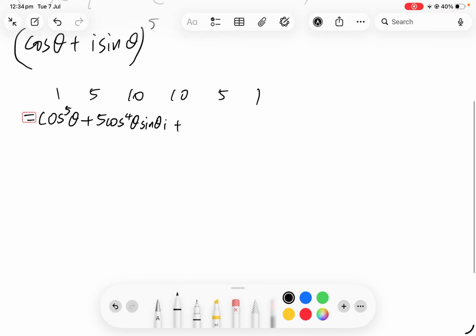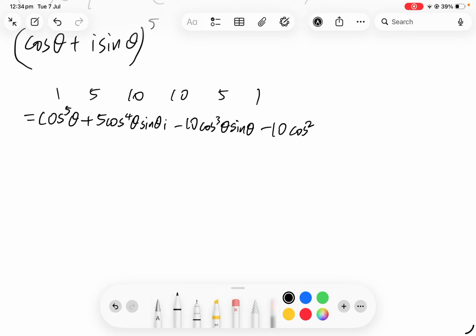So that becomes 10 cos 3 theta sine squared theta, negative, as the i squared becomes negative 1. Okay, and there's another 10, so we do plus 10. Well, that becomes negative i, so still negative.